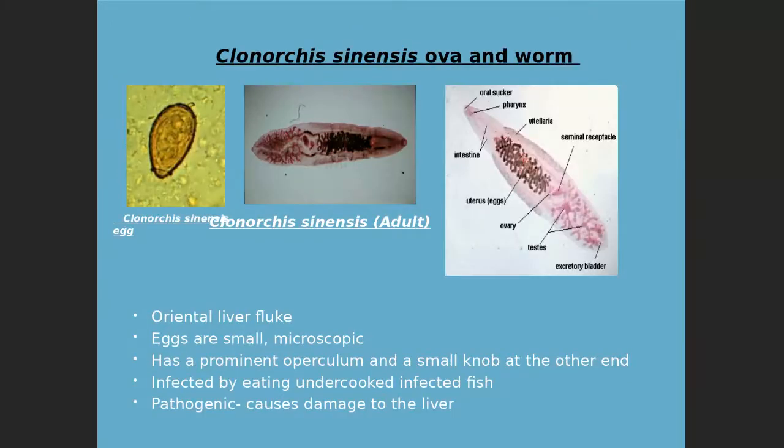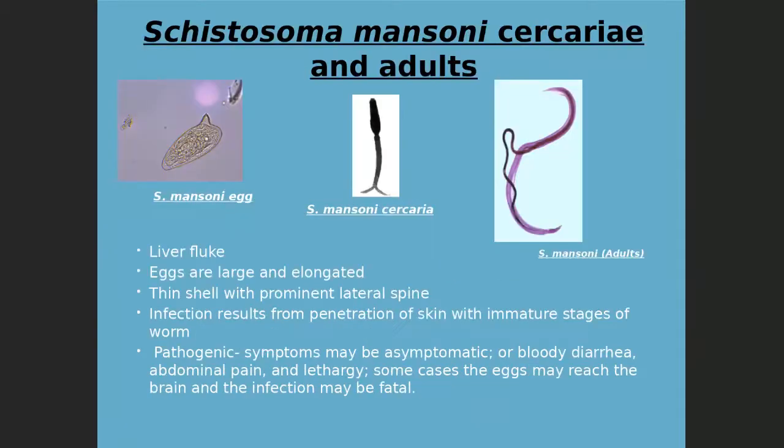Now, the next fluke that we're looking at, in this one, you do not have female and male. You only have one type because they happen to be the types of flukes that can carry both sets of reproductive organs. What I want you to notice on the left-hand side, the egg again. Here you have another egg sac, and you're probably thinking, well, that is very similar to the egg sac that we just looked at.